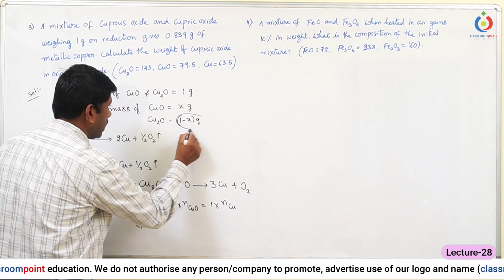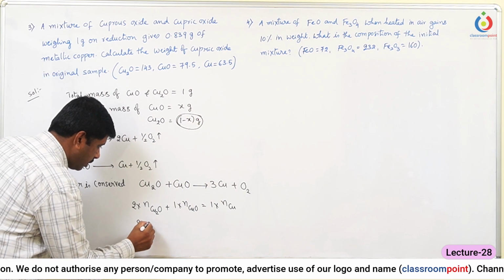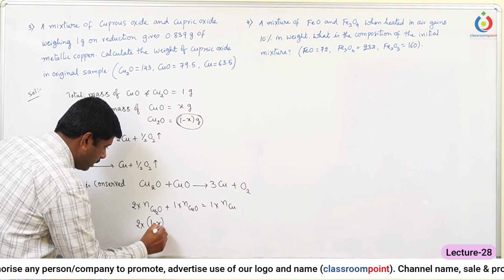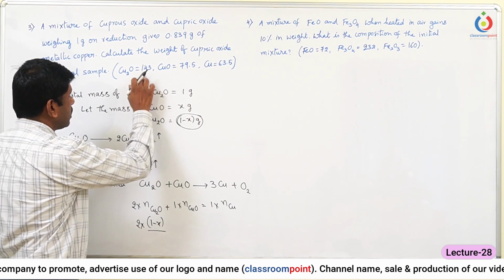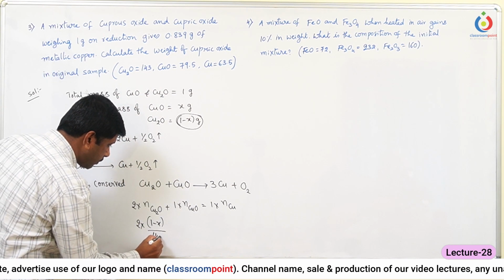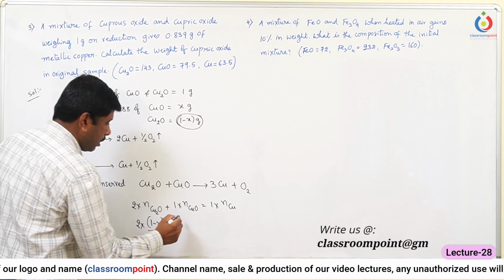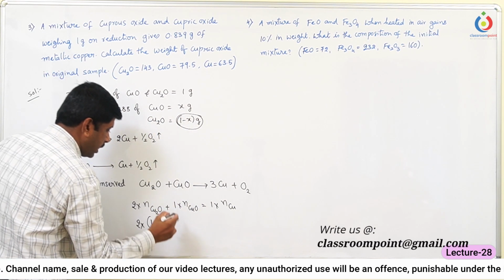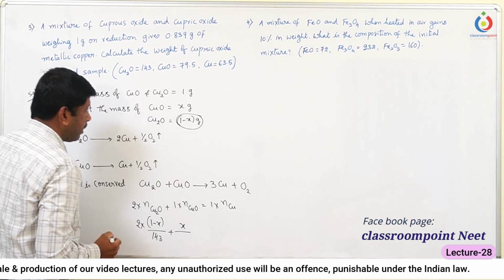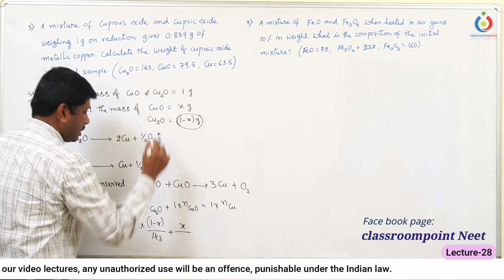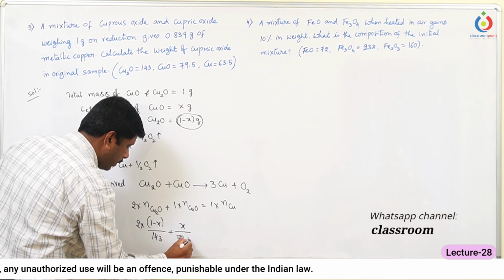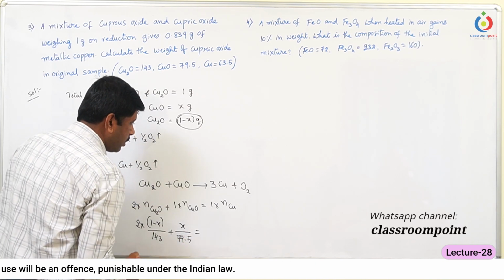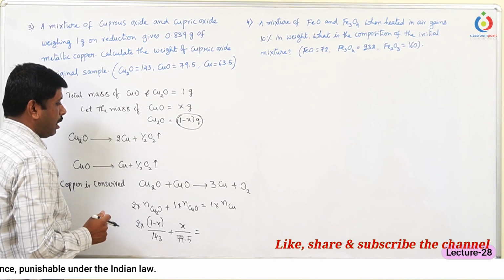The weight of cuprous oxide is 1 minus x grams. So (1 minus x) divided by its molecular mass, 143, plus the number of moles of cupric oxide, the weight of cupric oxide x divided by its molecular mass, 79.5, is equal to the number of moles of copper.